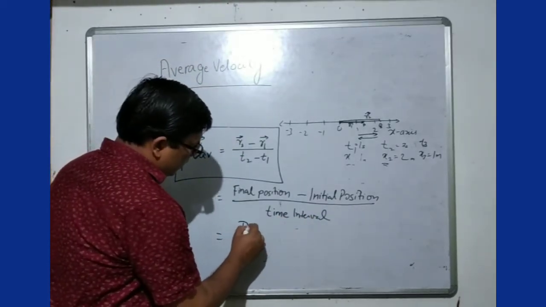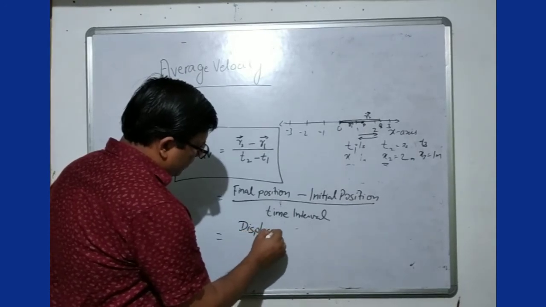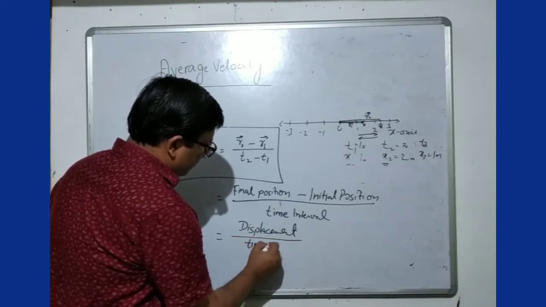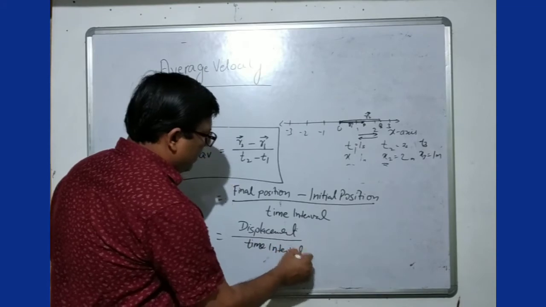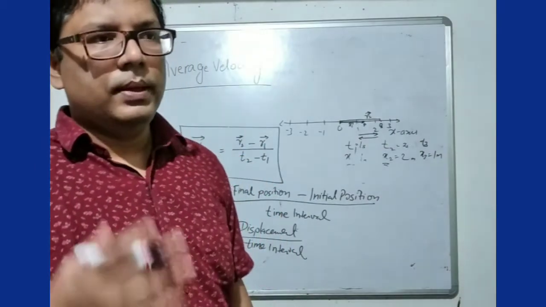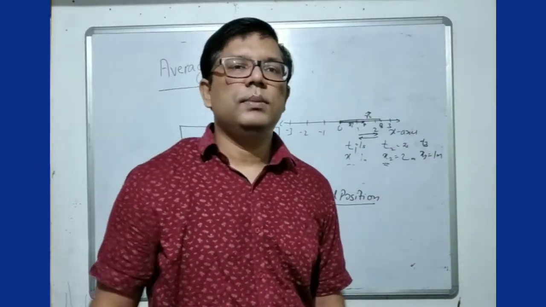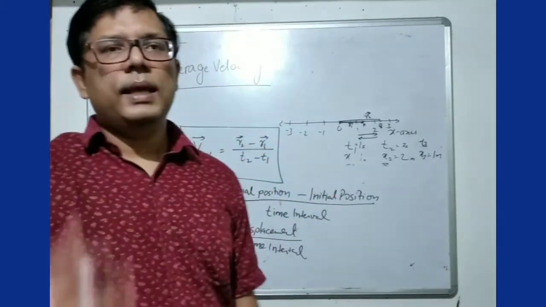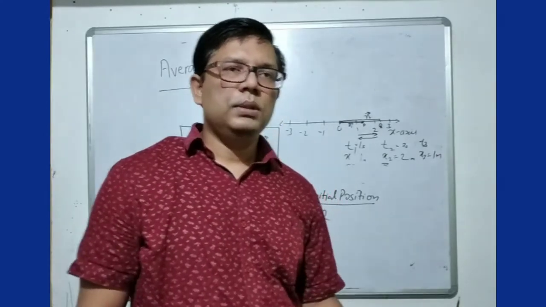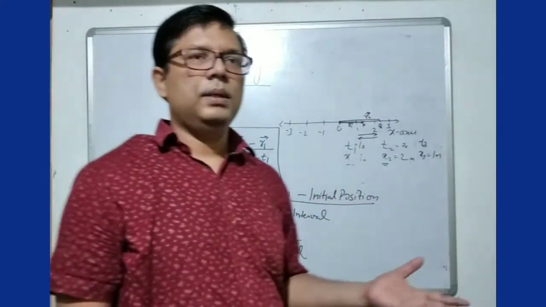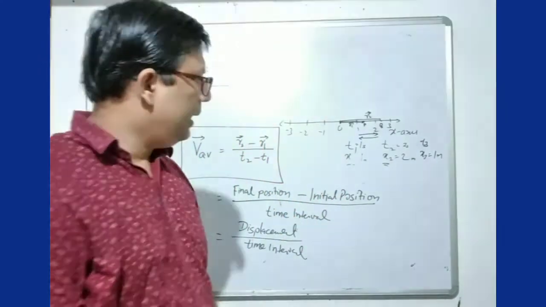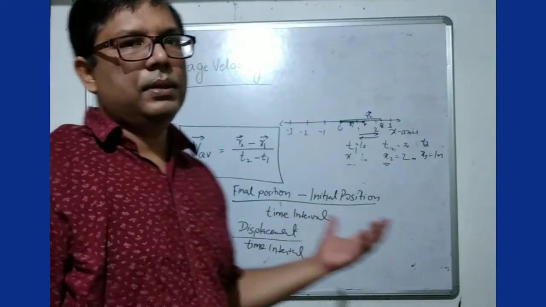That is displacement by time interval. So when we want to calculate the average velocity between two points, between two time instants, just like displacement, we have to know the final position at time t2 and the initial position. Then we get the displacement by subtracting final position minus initial position and dividing by the time interval. That will give the average velocity.